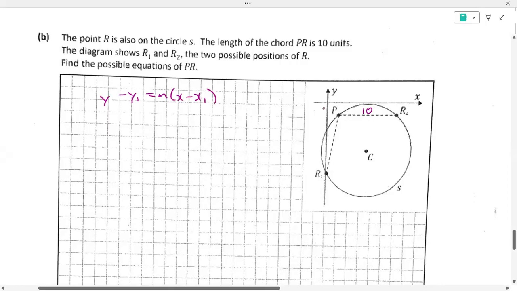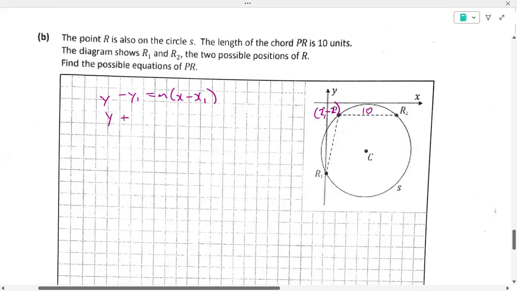So here we have a general equation of the line, and what kind of points do we have? Well, we know P. So what was P again? It was (2, -2), wasn't it? Yeah, (2, -2). So we do know what this one is, so maybe we'll fill that in.